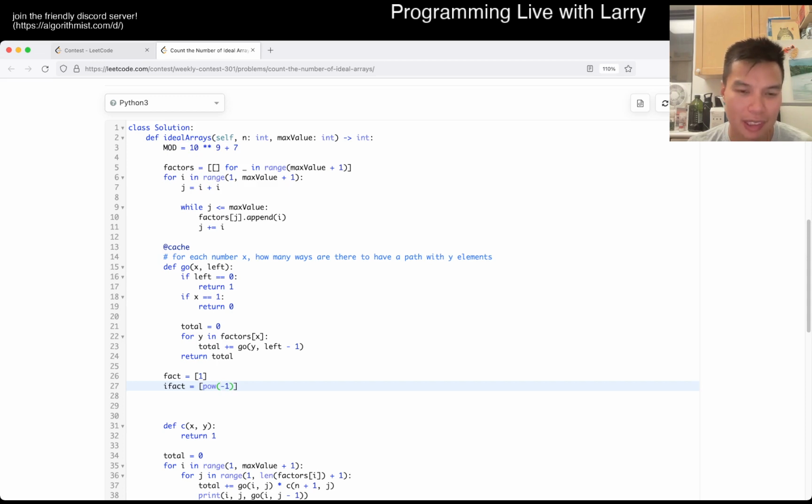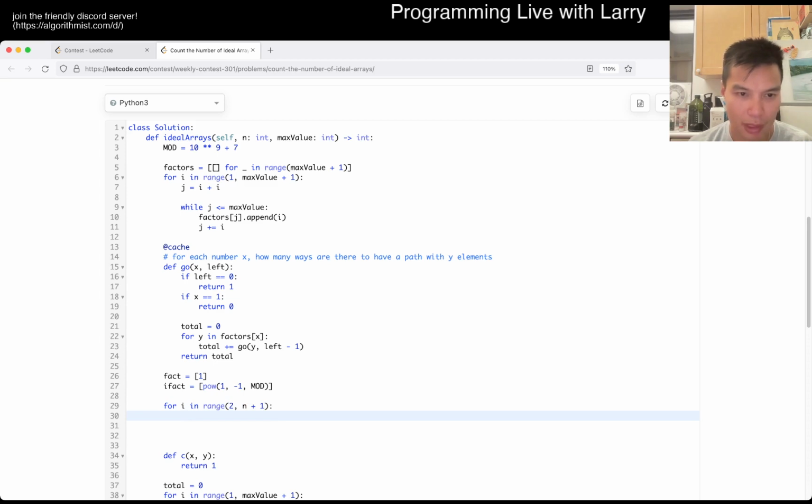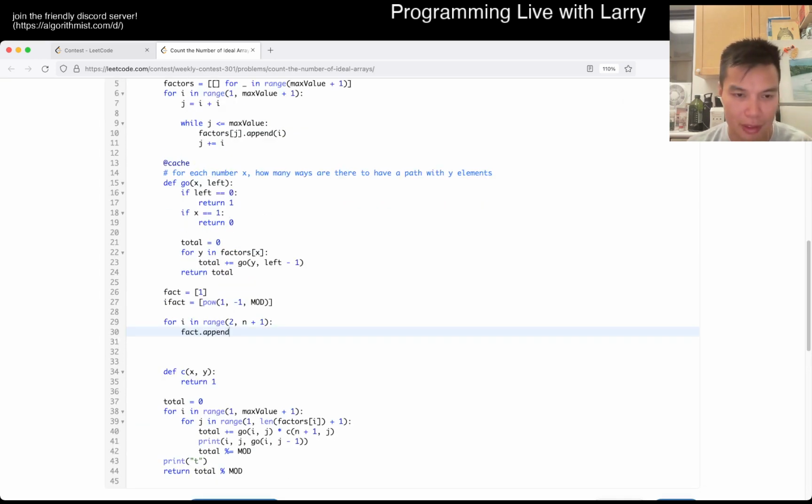how do I do modular inverse again? Today I am not great. Okay, so yeah, we do 1 to the -1 of prime. Okay, the prime is what I forgot. Okay, and now for i in range from 2 to max value plus 1. Oh, no, we want it to n. So for n plus 1, fact append, fact of the last one times i.